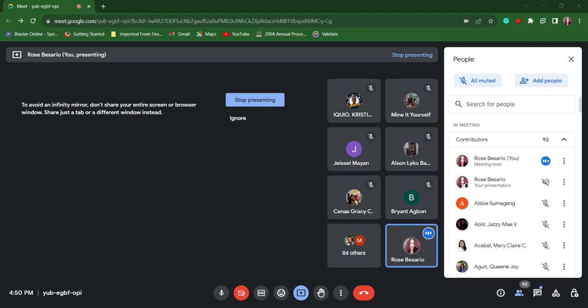Okay, so natay beginning balance. Pila tong beginning balance? 4,480.